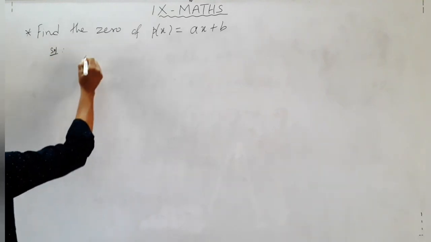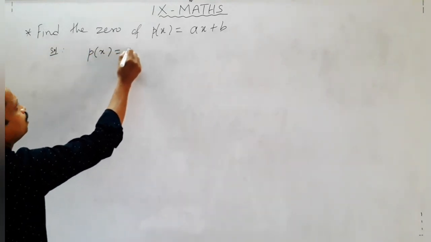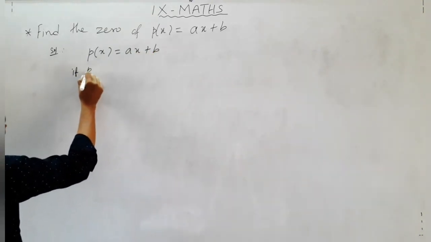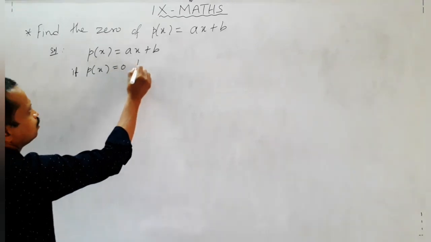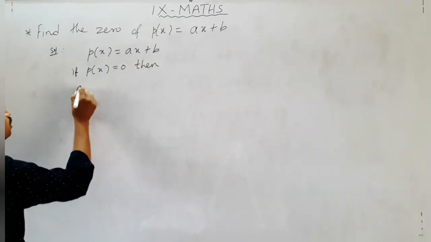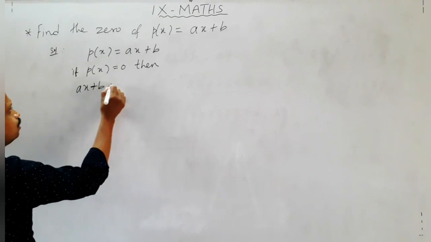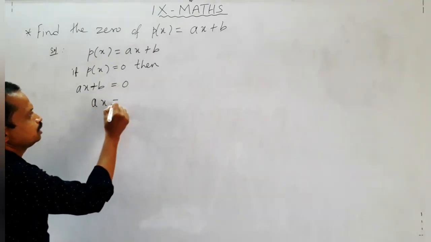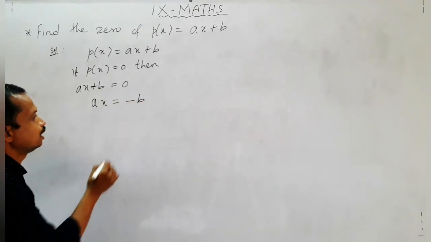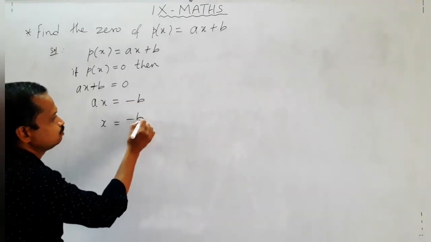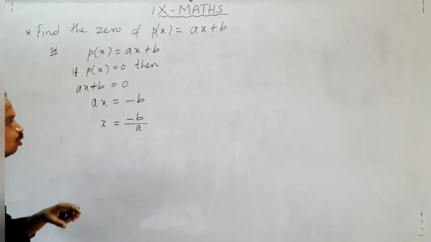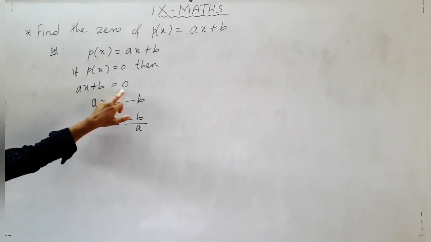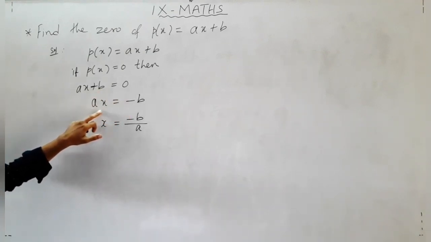Solution. P of x is given as ax plus b. If p of x equal to 0, then on the right hand side we can take ax plus b is equal to 0. Clear? And then ax is equal to minus b, and then x is equal to minus b by a. You know how to transpose, side transposing and all. Ax plus b equal to 0, and keeping ax, we are going to find x only.